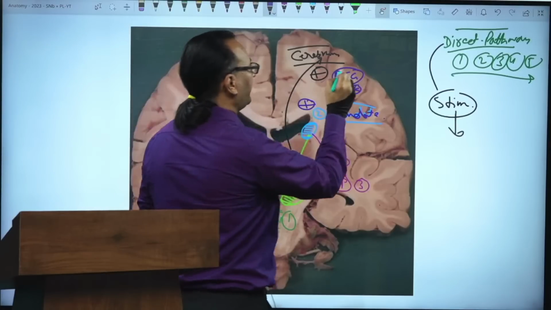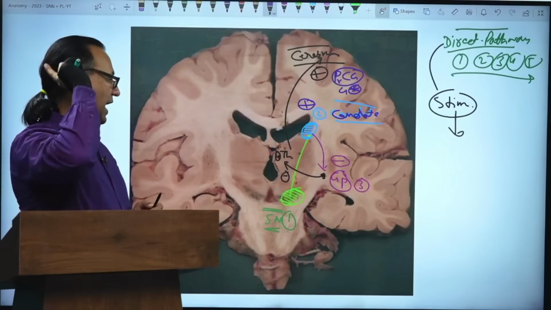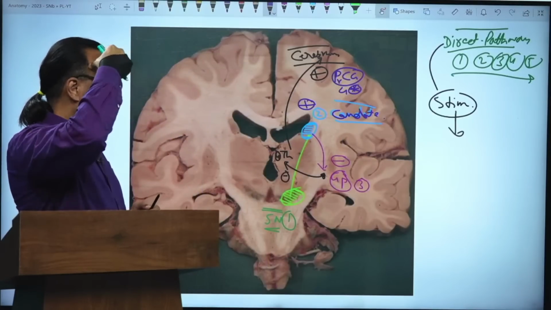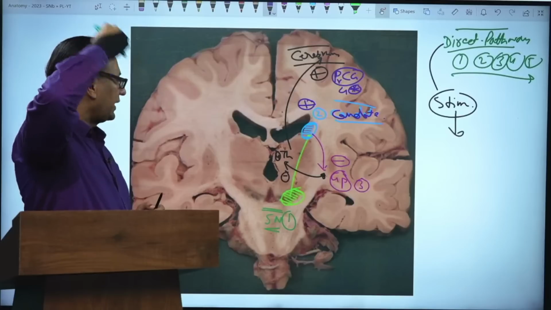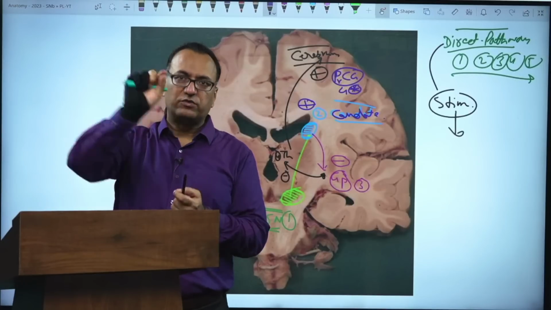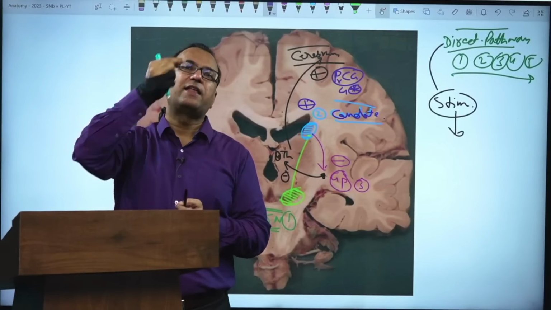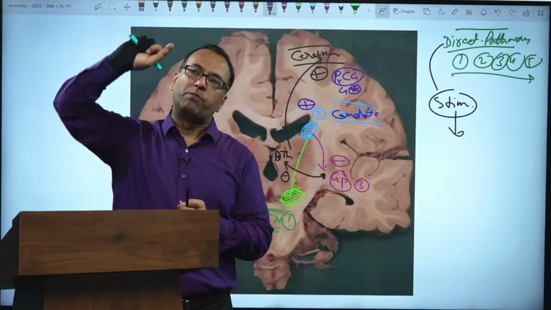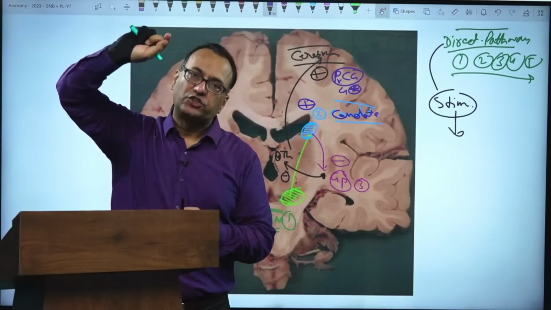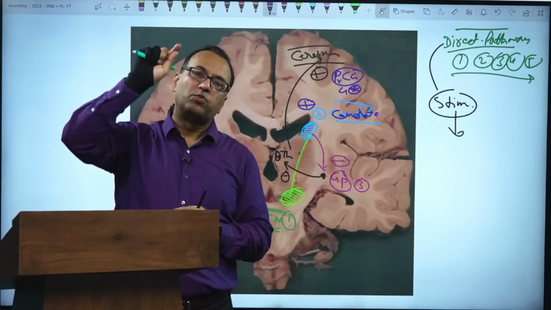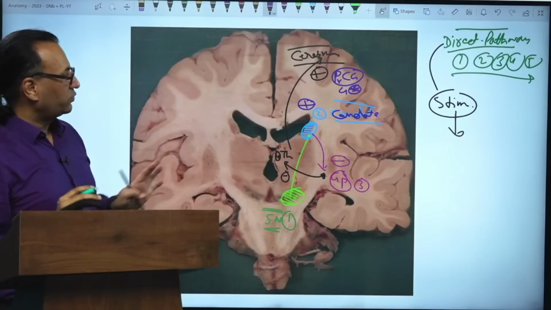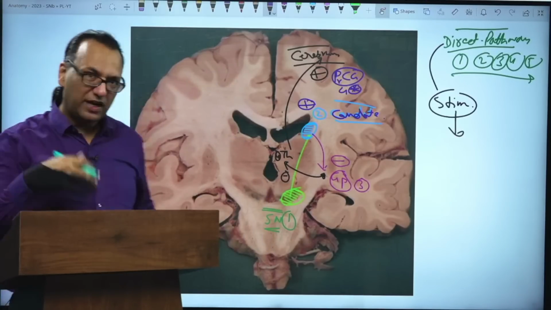So pre central gyrus, area number 4, that is the frontal motor cortex, will use the pyramidal tract and produce movement like threading the needle. You wanted to thread the needle, so movement will happen. It is stimulatory for the movement. Basal ganglia is for smooth movement. So this is what I wanted you to understand and remember.